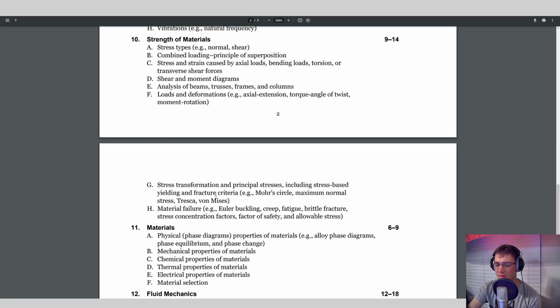load deformations, material failure, creep, fatigue, brittle fracture, stress fractures. Failure is an interesting thing because it's not always like, okay, I've got this constant load on this one spot and it's going to be there all the time.